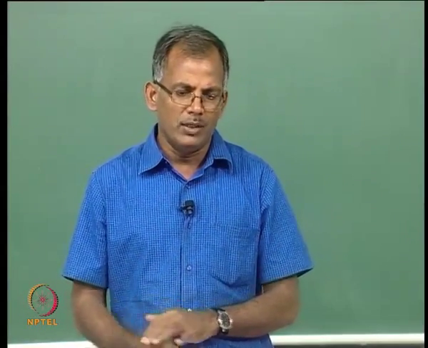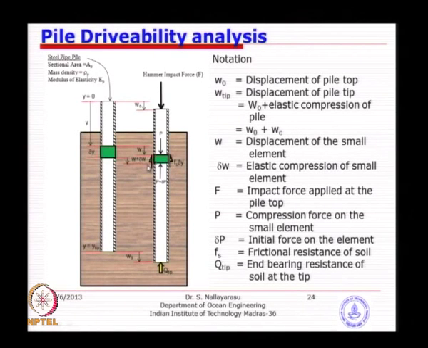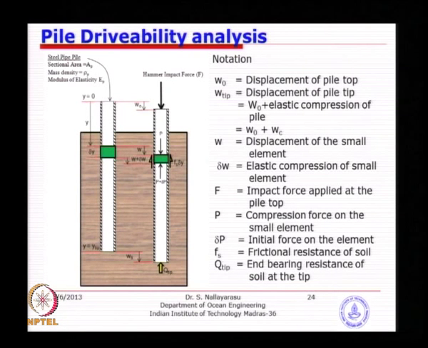So, what we are going to look at is the dynamic equilibrium of this small element in the pile during the impact, and after the impact, what happens when the stress wave returns back if the soil does not have much energy absorption characteristics, and come to an equilibrium equation and relate it. That is what we are trying to derive. So, various notations are given here.